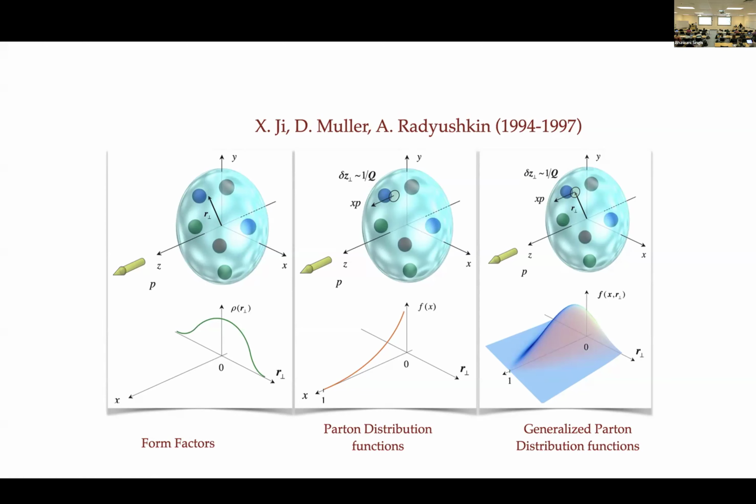So these parton distribution functions, which are probed in deep inelastic scattering experiments, look at the distribution of partons inside the proton as a function of their longitudinal momentum fraction. If the proton is traveling with some high momentum, x represents the fraction of that momentum that is carried by the parton. And the generalized parton distribution functions are an augmented version of parton distribution functions, where you have both the x dependence, the longitudinal momentum fraction, as well as some transverse structure information about the hadron.